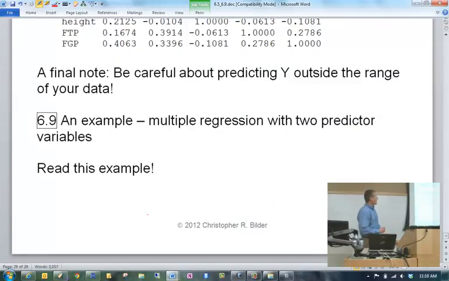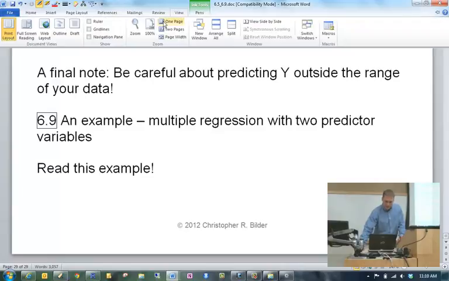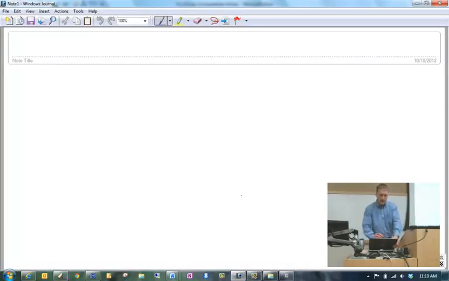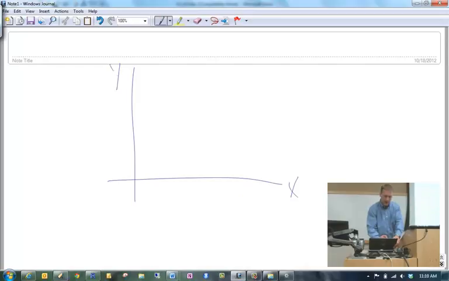Yes, one last final note. Be careful about predicting y outside the range of your data. This corresponds to something that we learned way back in Chapter 1, where we had a case where here's x, here's y, and I'm trying to use x to predict y in a simple linear regression model, one variable to predict y.